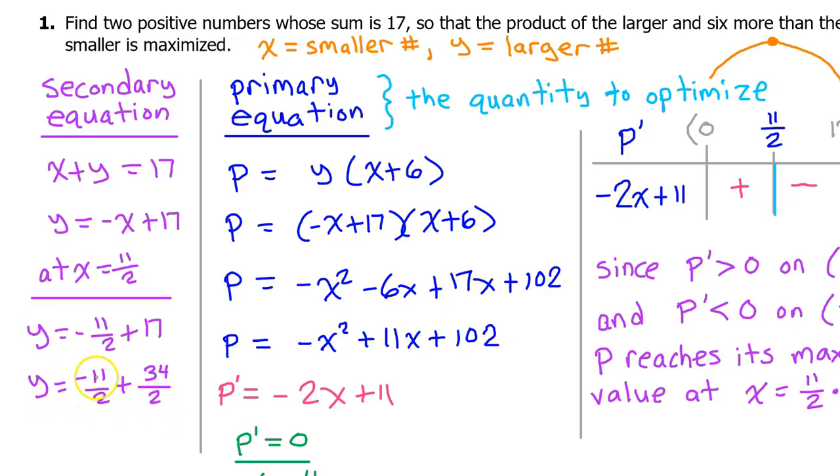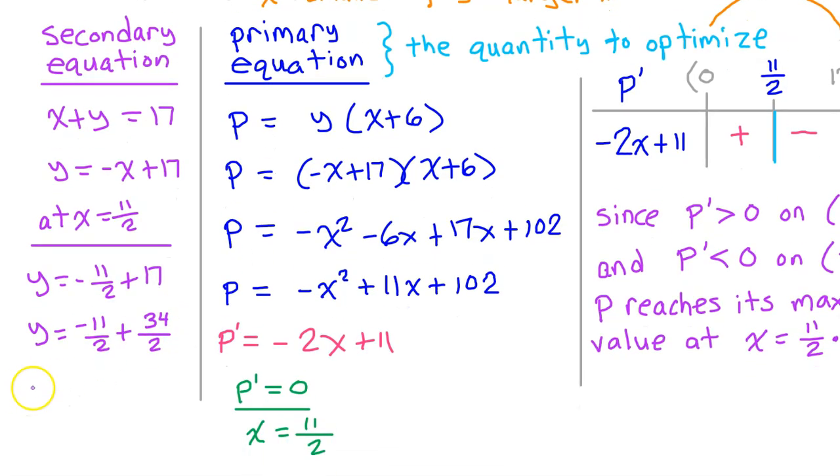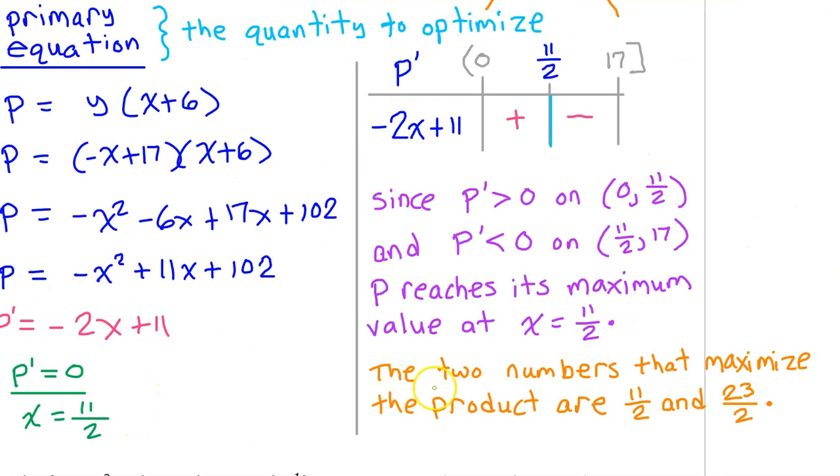So y equals negative 11 over 2 plus 34 over 2. In other words, y is equal to 23 over 2. Make sure you answer the actual question in your closing statement. The two numbers that maximize the product are 11 over 2 and 23 over 2.